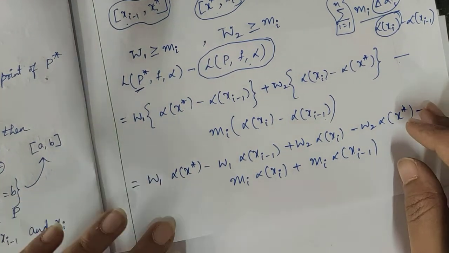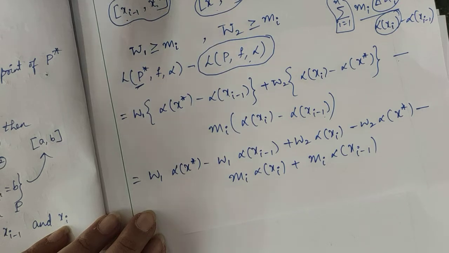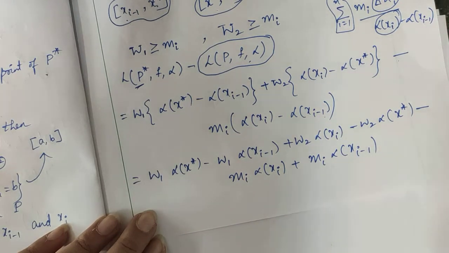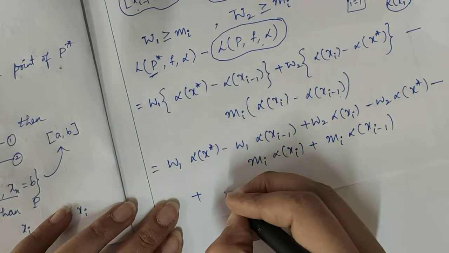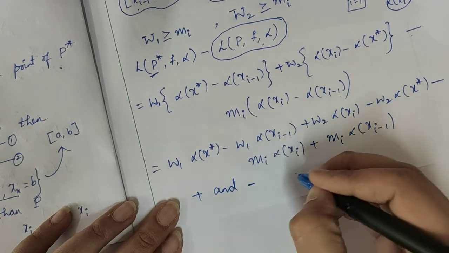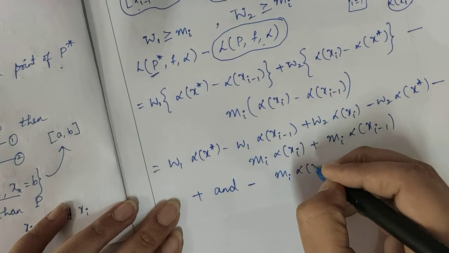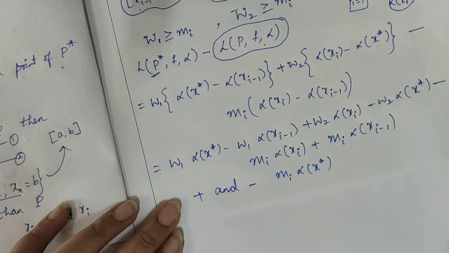Right. So now, in order to make the simplification even easier, I will add and subtract mi alpha of x star to this equation.